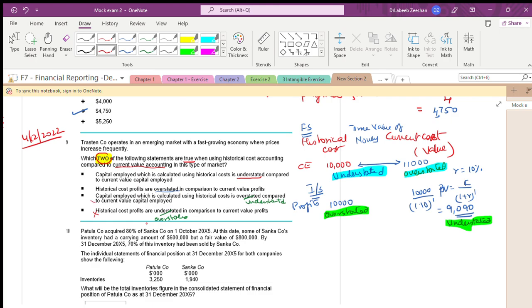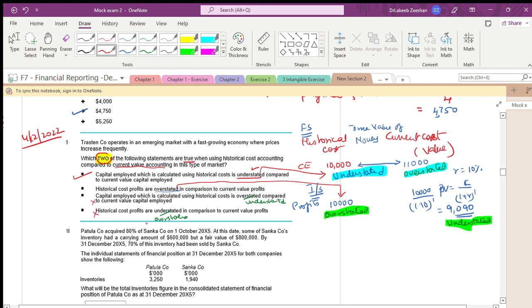This one is wrong, this is understated. This is understated, see the things. And this is overstated. I showed you by numbers how it is going to work.